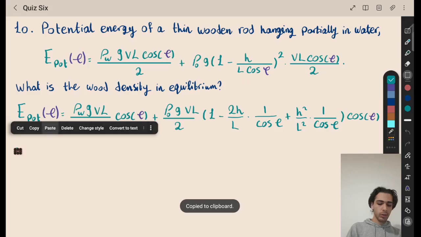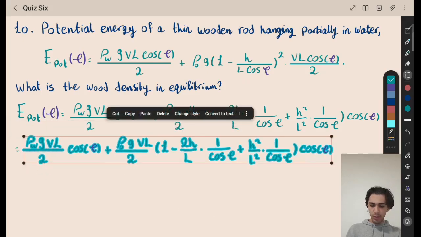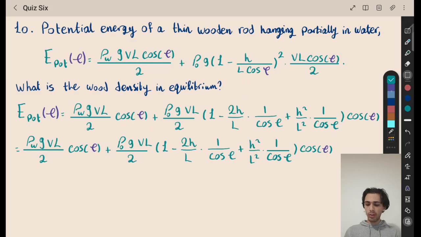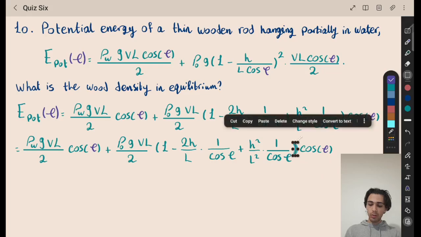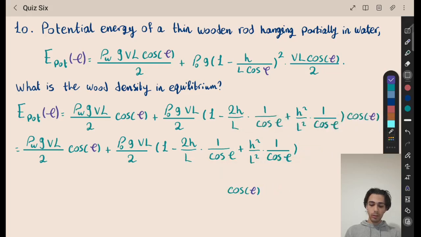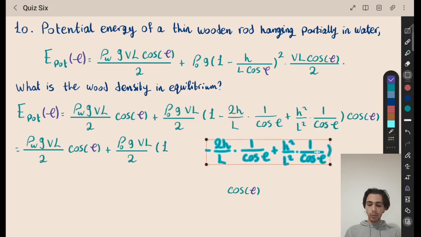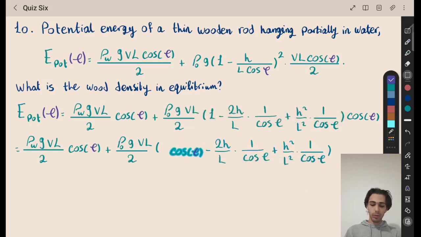Here, I'll write the same expression, but the difference is that I will be distributing this quantity on the 3 terms that I have. So very briefly, it's not difficult to see that the first term will be cosine of phi.